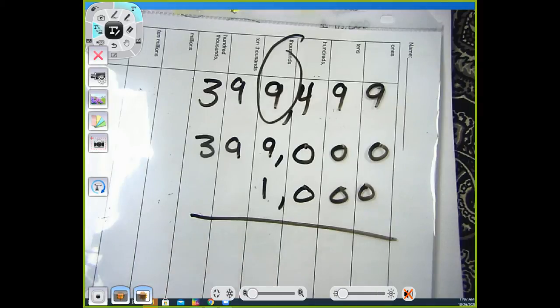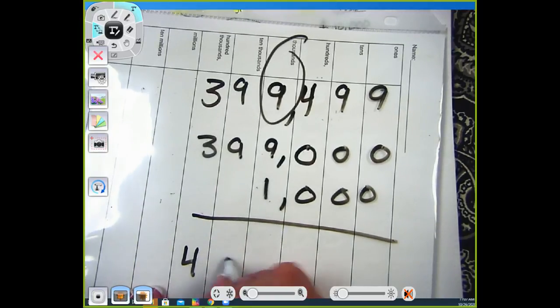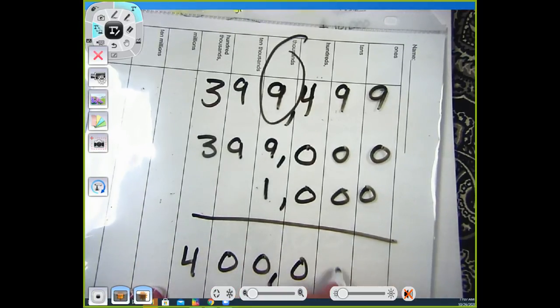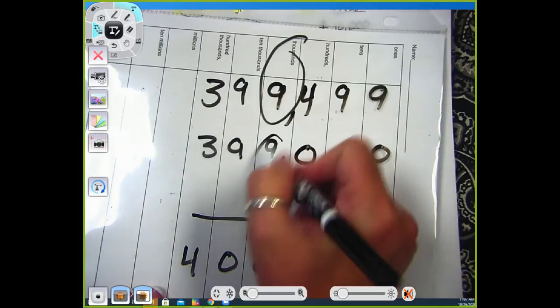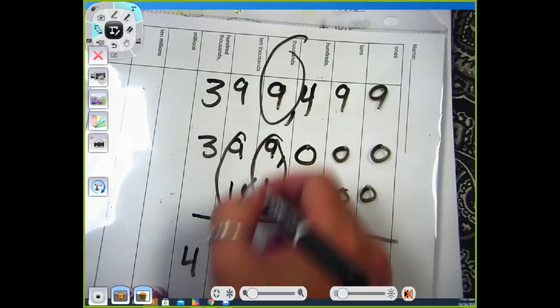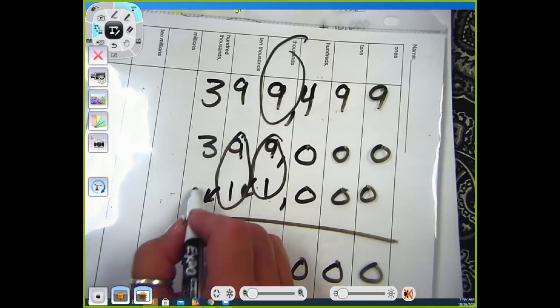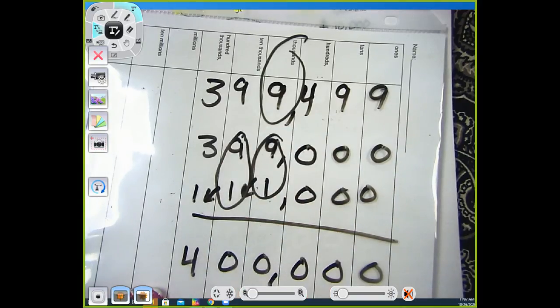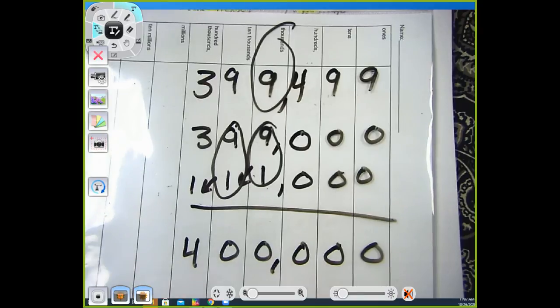Ethan, what number do I get if we add 1,000 more? You would get 400,000. Yeah, 400,000. Because notice what happens. I got to take these and bundle over. Oh, then I got to take these and bundle over. So that's where I get my 400,000. Great job there, Ethan.